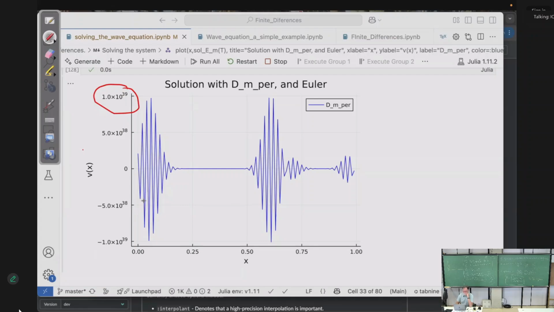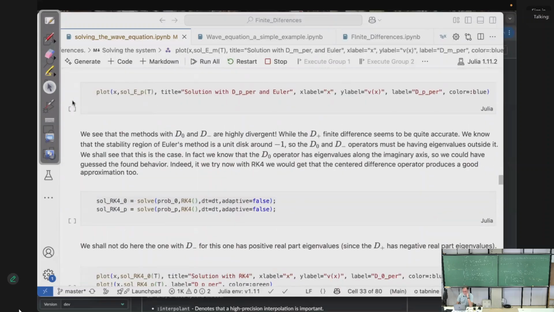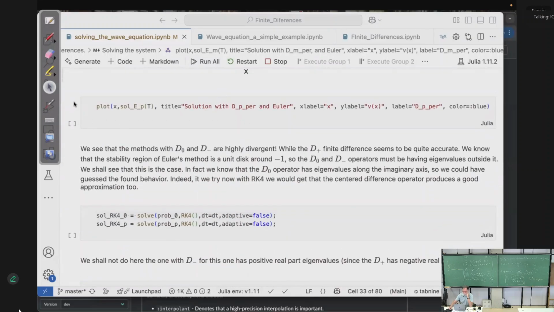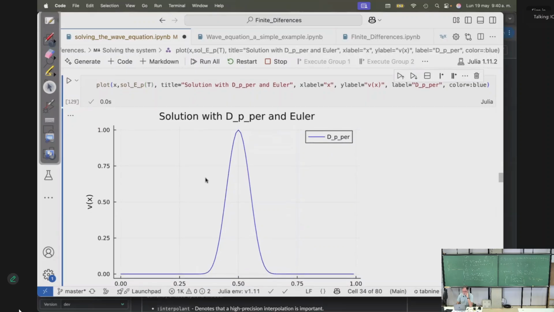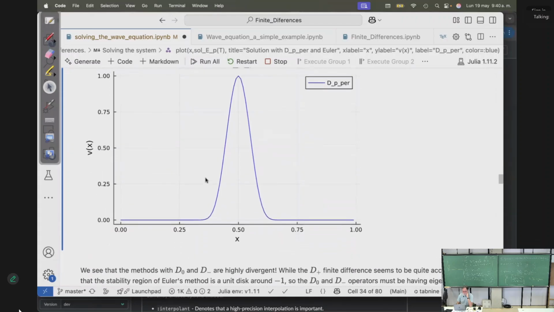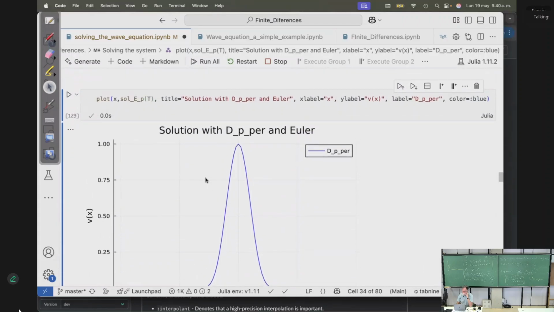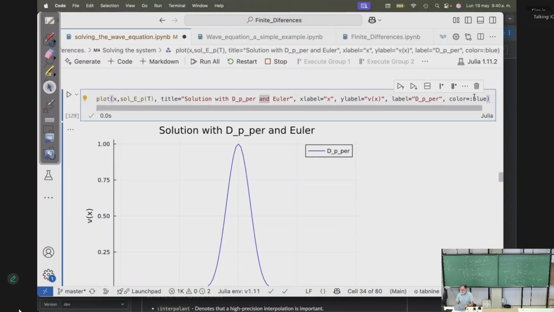And if you run with the plus, you get a nice solution, perfectly nice. We can compare with the initial data.